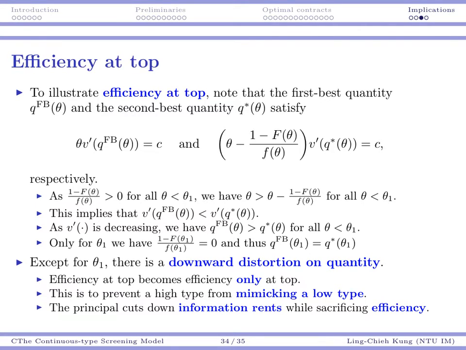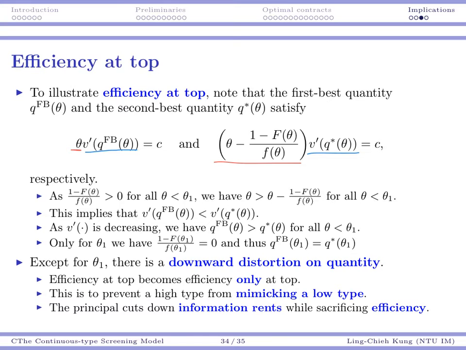And that means, if this is greater than that, then the blue part must be smaller than the blue part here. And that means you have this inequality. Now again, because V prime is decreasing, your Q of first best must be greater than Q star. Okay, which is exactly what we need for this particular thing.